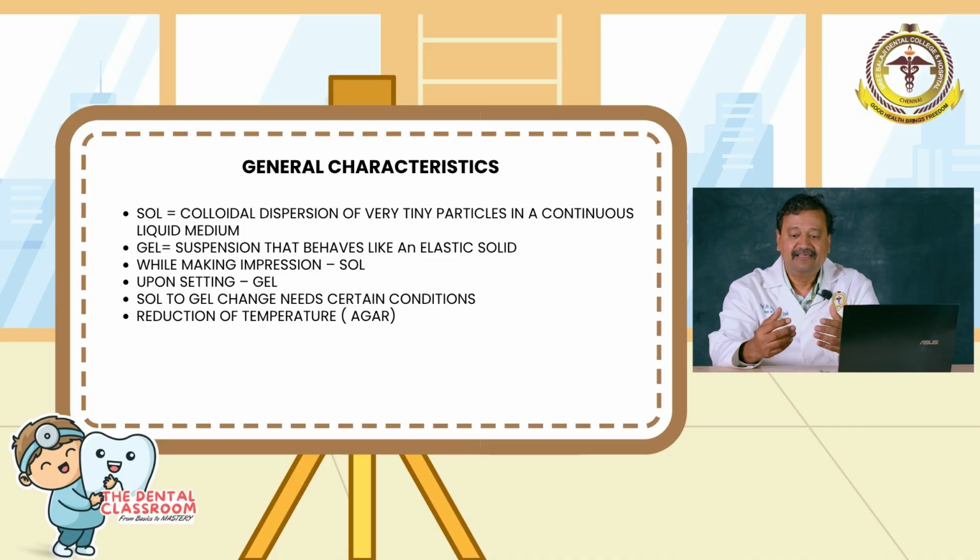That means the sol phase is introduced in the patient's mouth at a little higher temperature, but that temperature is tolerable by the soft tissues in the mouth. And upon reduction of the temperature, while the material is intraorally present, the sol becomes a gel.